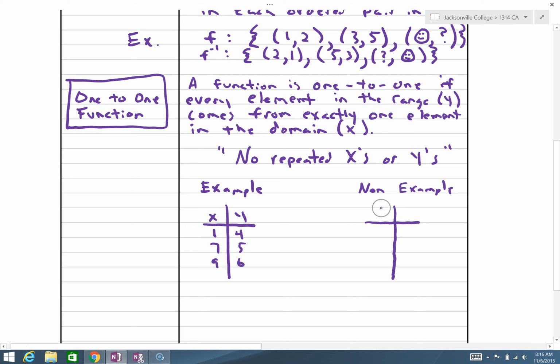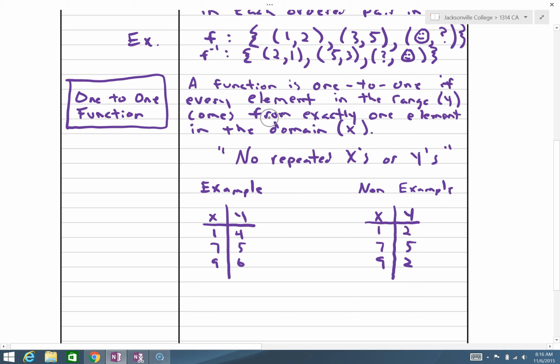Counterexample. Let's say our domain is, again, 1, 7, and 9. Our range is 2, 5, and 2. Okay. This is a function. 1 pairs with 2, 7 pairs with 5, 9 pairs with 2. Each x goes to exactly 1 y, but it does not satisfy this new definition.